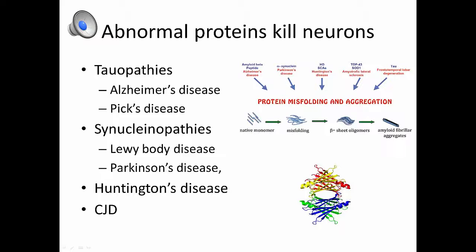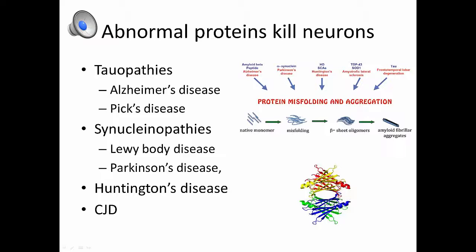Thus, we can consider Alzheimer's and Pick's disease as tauopathies because they both involve the accumulation of the abnormal tau protein. Similarly, synucleinopathies, Lewy body disease, and Parkinson's disease involve accumulation of abnormal synuclein in the cells.